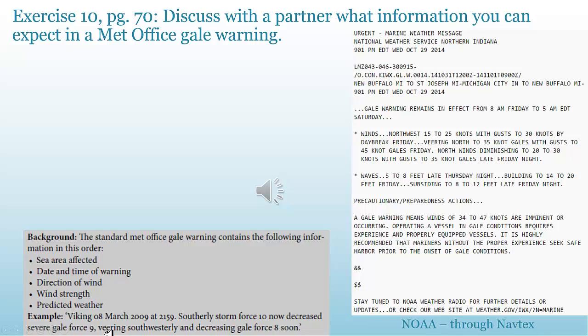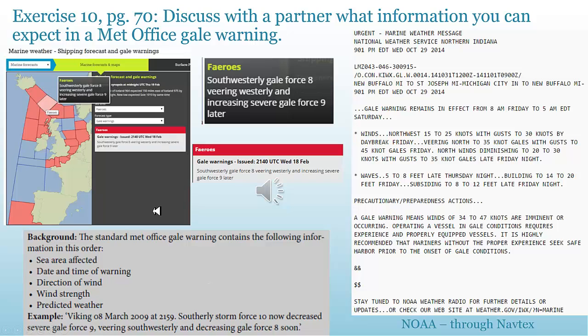Veering, and again, veering means turning, veering southwesterly and decreasing gale force 8 soon. So they're pretty much giving the same kind of idea, but just a lot fewer words. When you have the Beaufort scale, you don't need to be writing down all this if you know the Beaufort scale. So here's what it looks like on the internet.